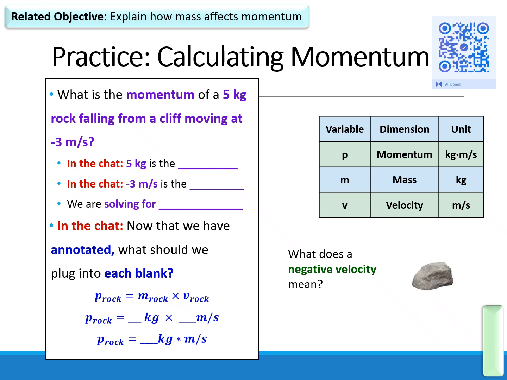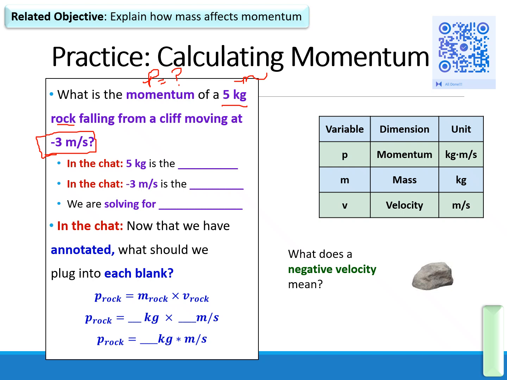Now, the next question, I think it might be 13, is a little bit different. Notice we are still calculating for momentum, right? Our mass is still 5 kilograms, but this time it's a rock and the velocity is negative.